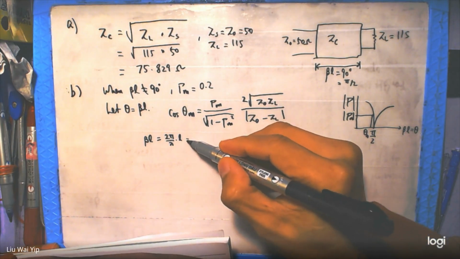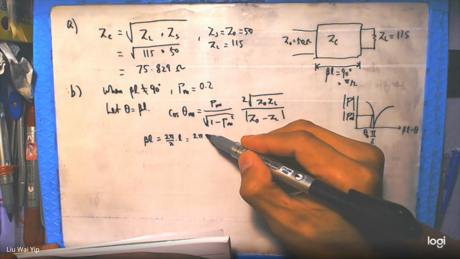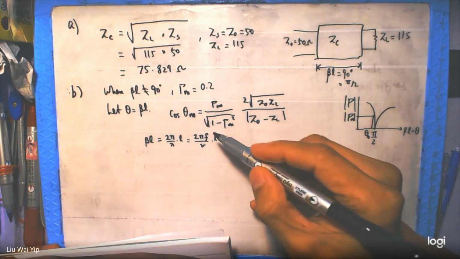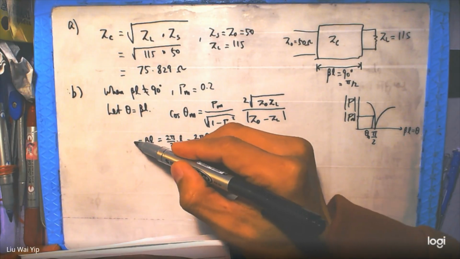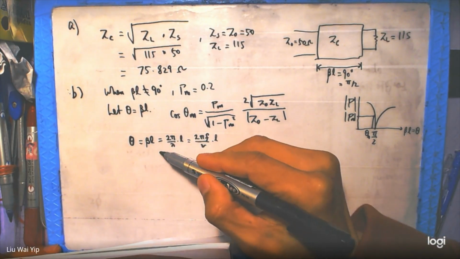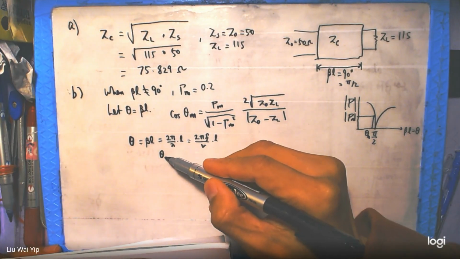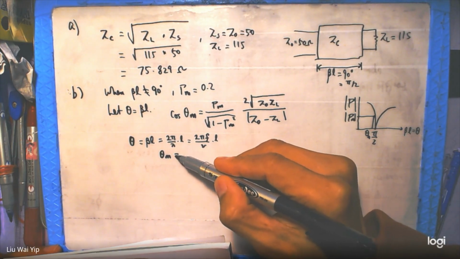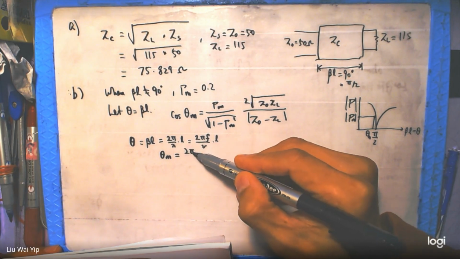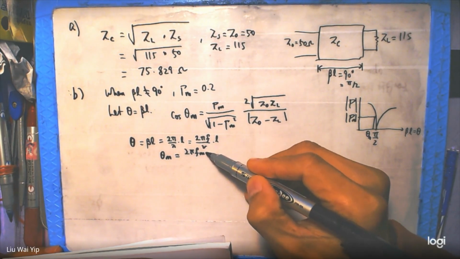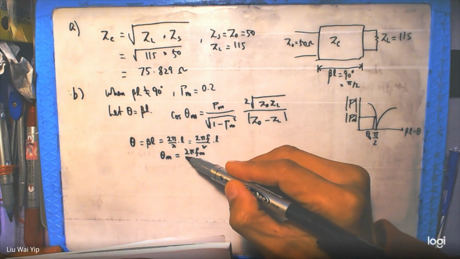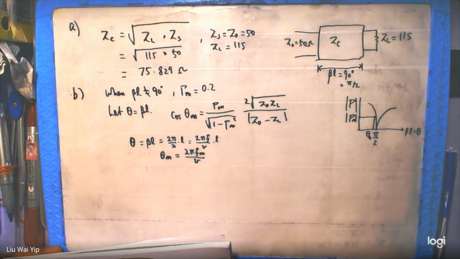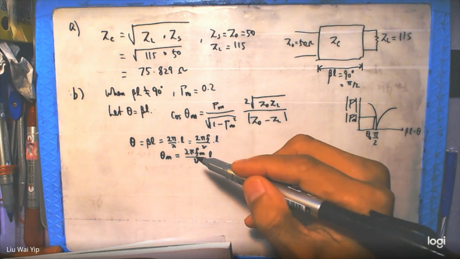So if you do it carefully, the velocity is not going to change. This means beta m is equal to 2 pi fm, which is the frequency, and then the L is not known.